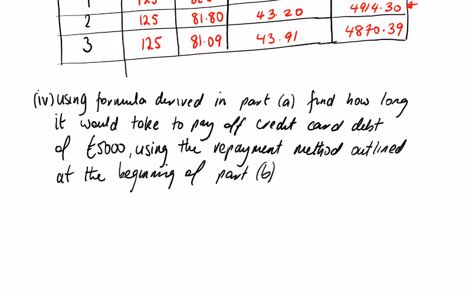Part 4 of this question, you're told, using the formula derived in Part A, find how long it would take to pay off the credit card debt of 5,000 using the repayment method outlined at the beginning of Part B. So this is the 125 a month, and my formula A is equal to P times I times 1 plus I to the power T over 1 plus I to the power T minus 1.